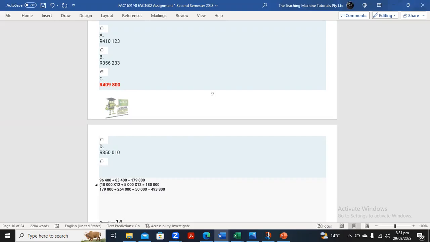Yes, if we add the totals together, 179,800 plus 180,000, we're still missing the bonus of 50,000. With the bonus added, it's 409,800. So the 264,000 needs to be changed to 180,000. Yes. Okay. Any question? No.